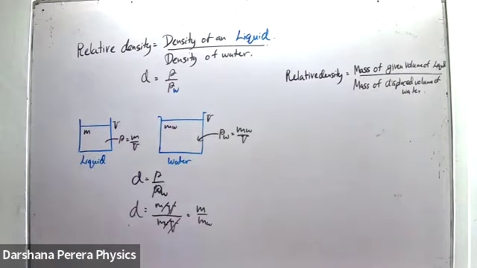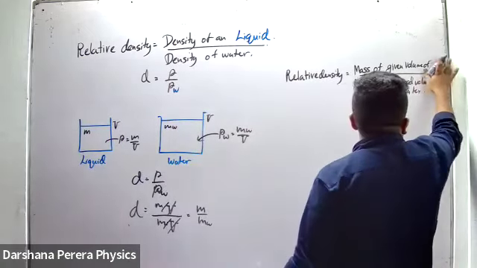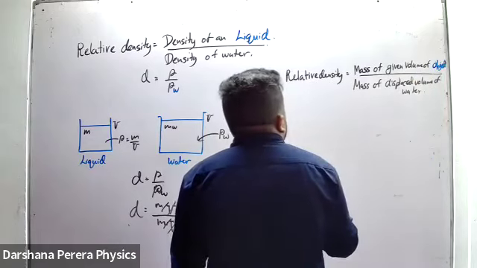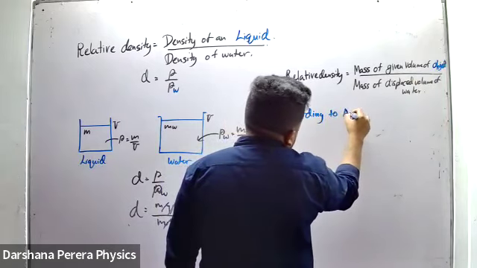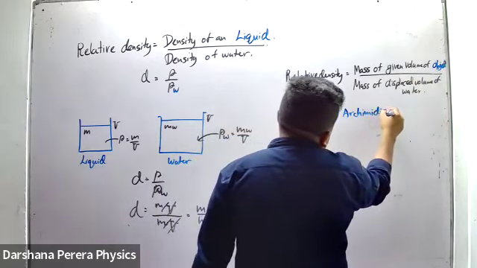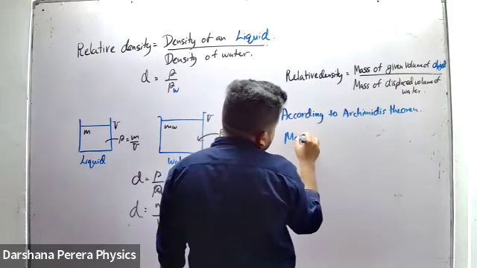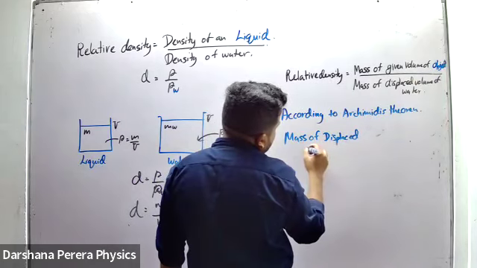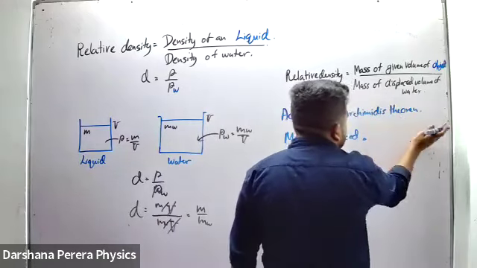Okay. According to the Archimedes theorem, the mass of the displaced volume of water equals the upthrust force.